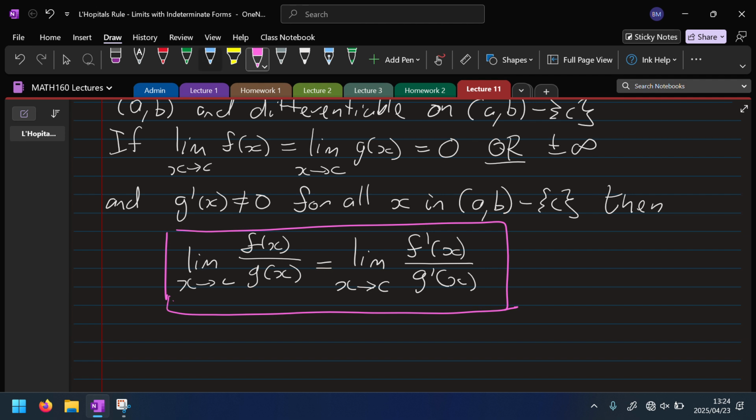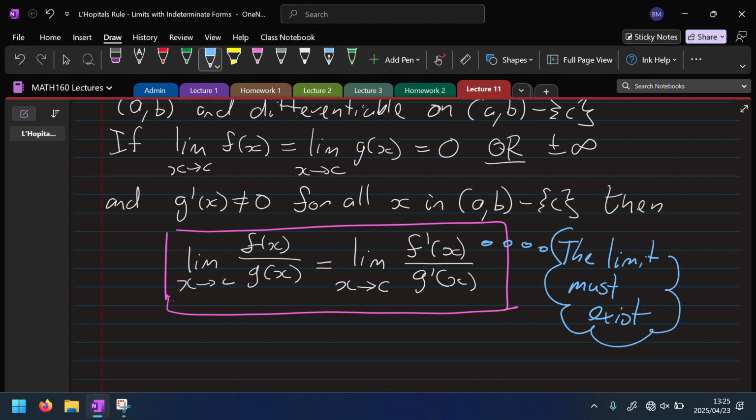So just keep in mind the limits must exist. We don't have to always write that, but in the back of your mind, whenever you're dealing with limits, the limit must exist. If the limit doesn't exist, then L'Hopital's rule isn't working for you.